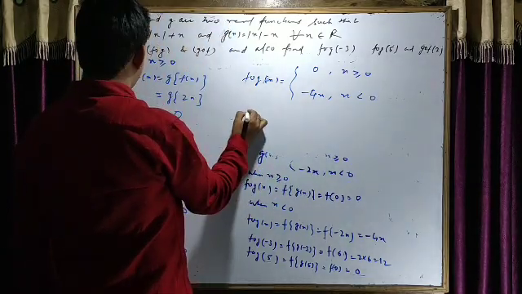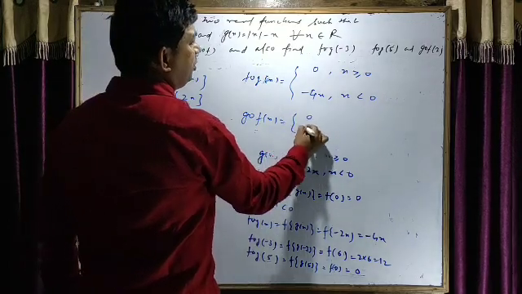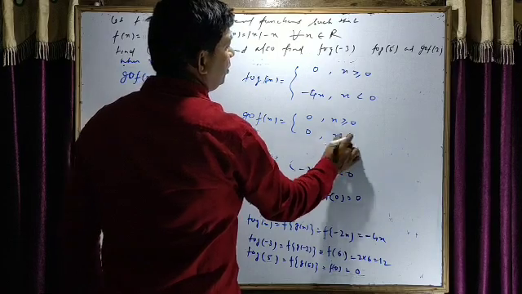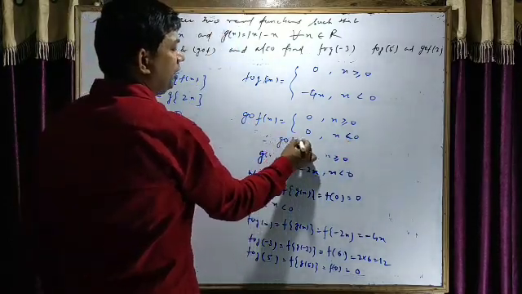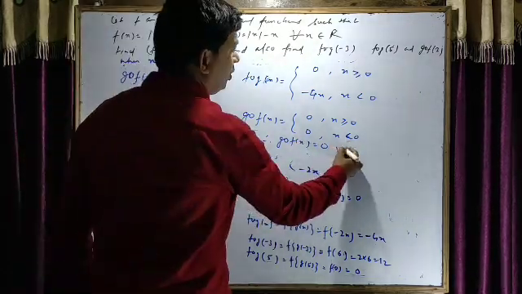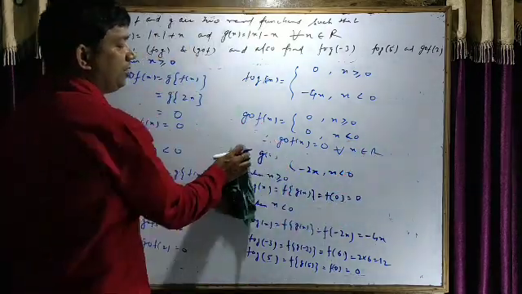And what about gof of x? 0 when x is greater than or equal to 0 or x is less than 0. In all the cases, gof is 0, therefore gof is equal to 0 for all x belongs to R. So this is the answer.